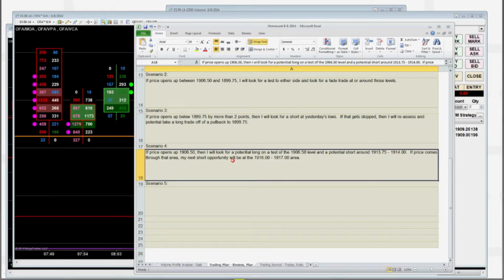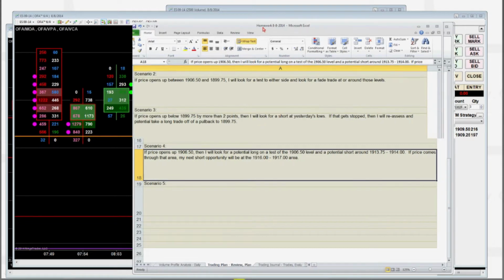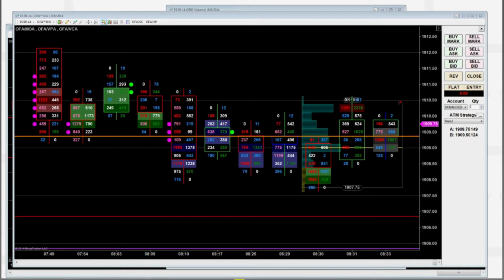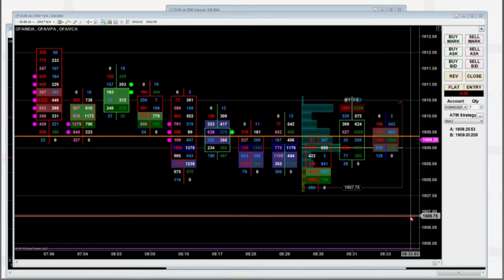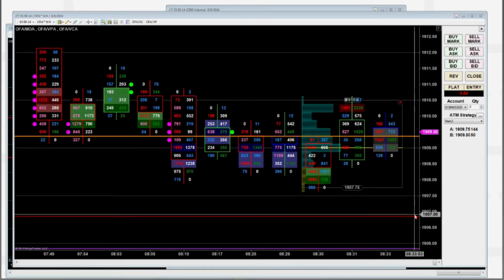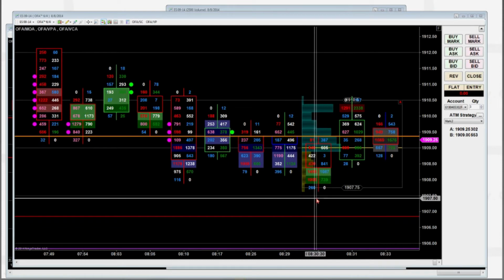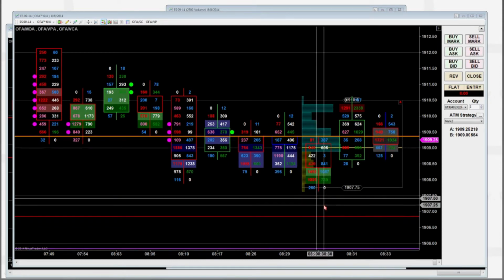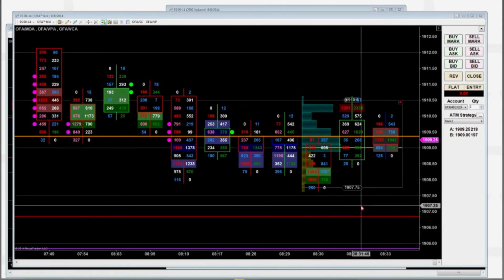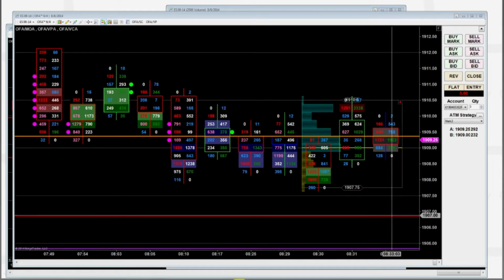Price comes through that area, my next short will be at the 1917 area, which are levels that we talked about this morning. So I'm still looking for a long down in this area. And I'm going to be using this 64 order flow chart to provide the information for me of whether or not I'm going to get in.